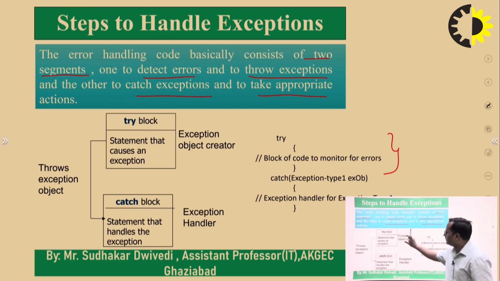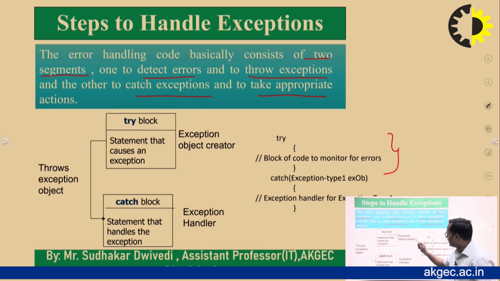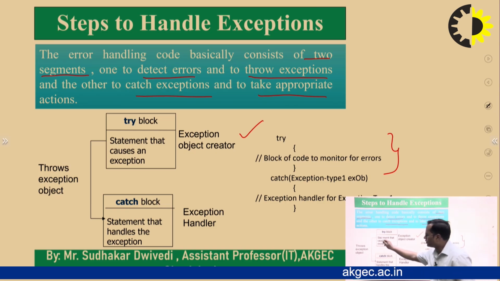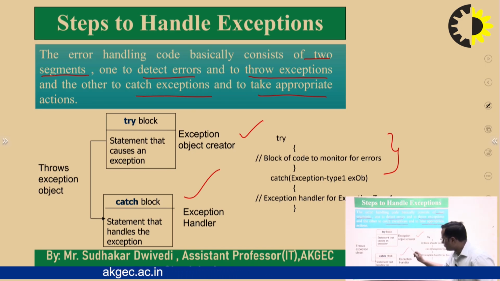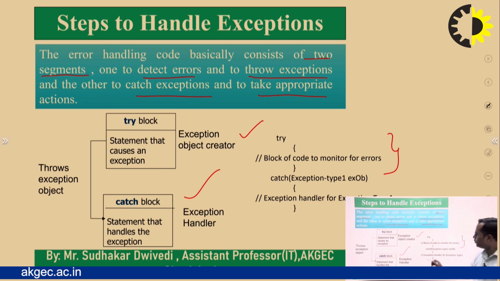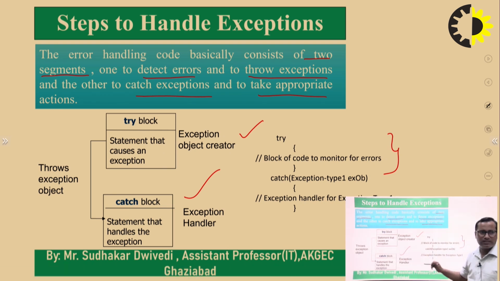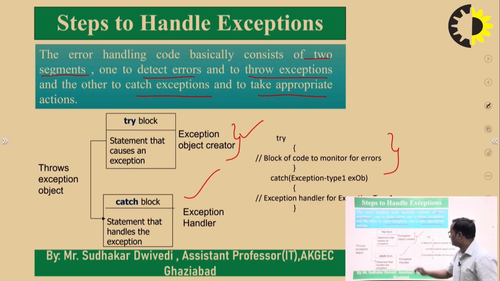So the work of this block is to create the exception object and throw it. And the catch block's responsibility is to receive this exception object and handle these types of exceptions. So we can broadly classify it as the exception object creator and the exception handler.